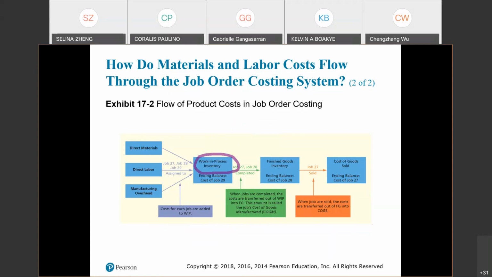And when the company finishes a job, the company totals the cost and transfers this total from WIP inventory to finished goods.